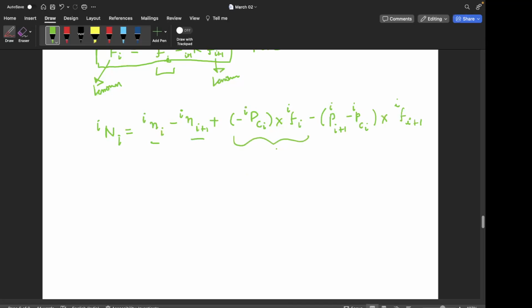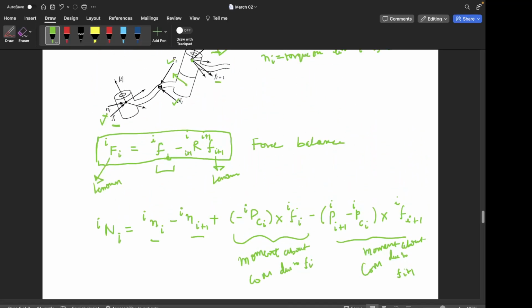This is the moment about the center of mass due to Fi, and this is the moment about the center of mass due to Fi plus 1.